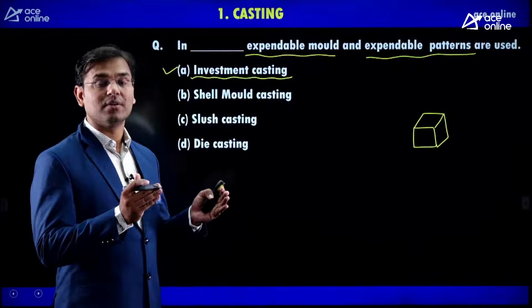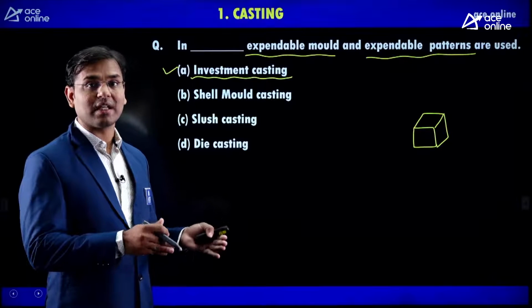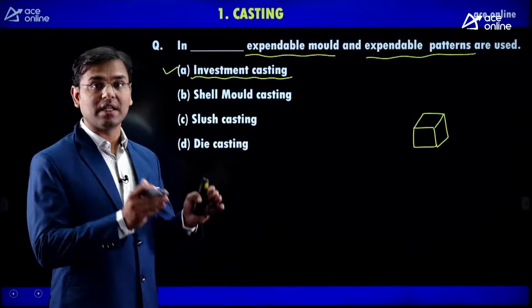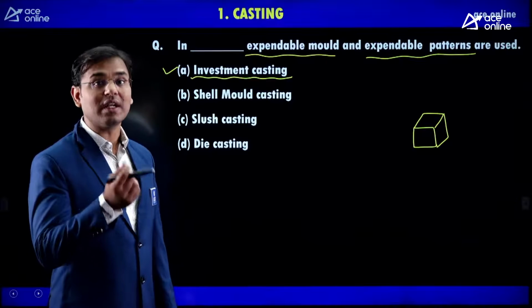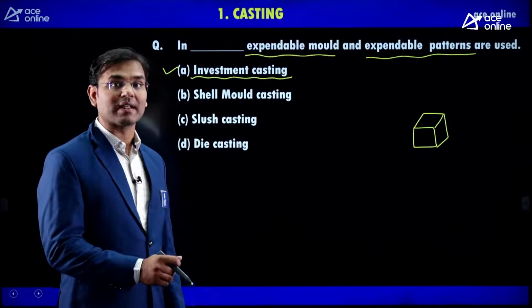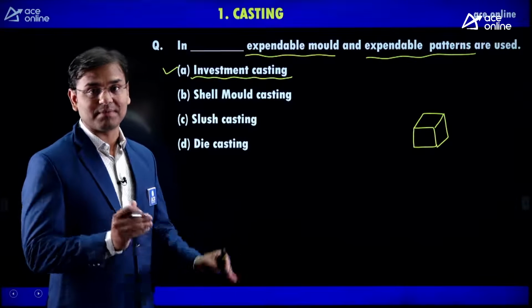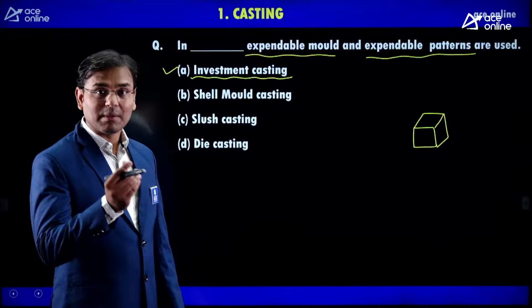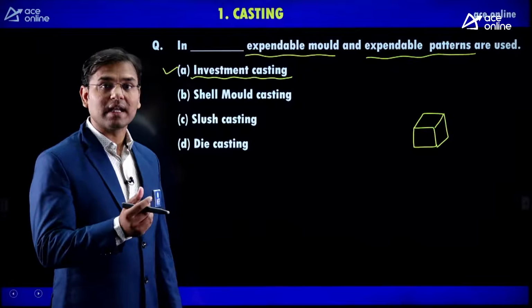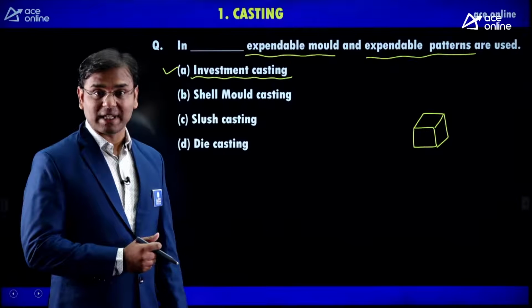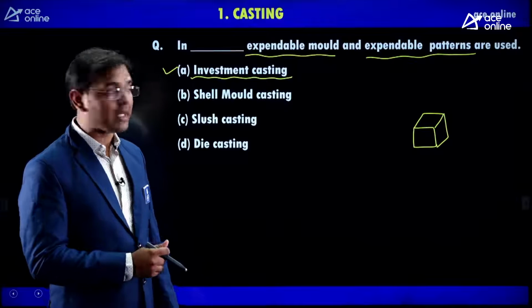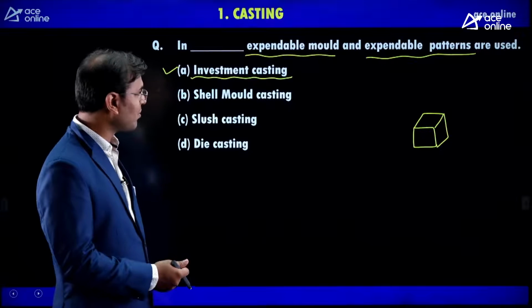When we have made that mold, we invert it and give heat, then the solid wax will convert into liquid wax, and the liquid wax will go out of the cavity. Okay, the pattern here is the wax pattern, guys, and that wax pattern is going to break. Wax pattern is going to break, hence it is known as an expendable pattern process.